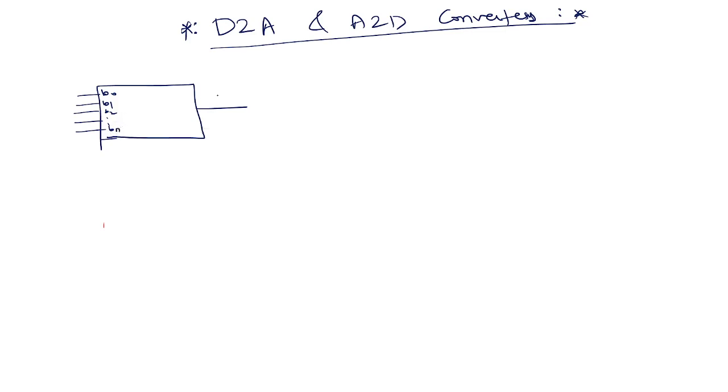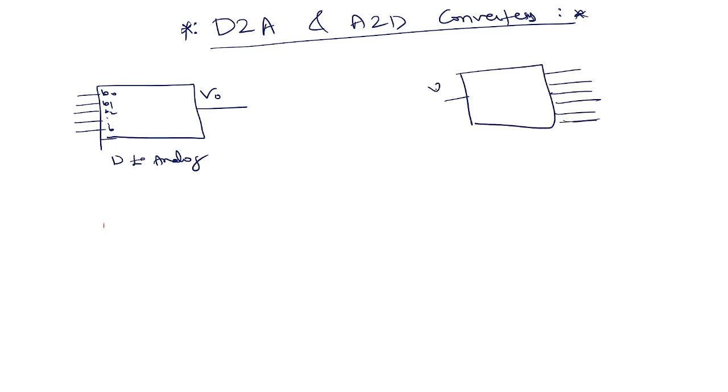Doesn't matter which number it is. Output is V0. This is digital to analog. The other one is analog to digital: V in, then you have B0, B1, B2, B3, B4, B5, and so on, like this.